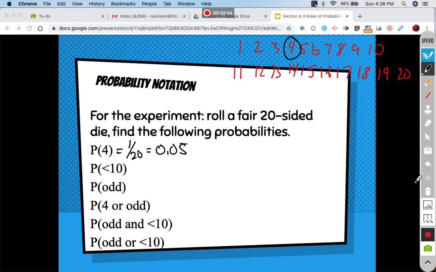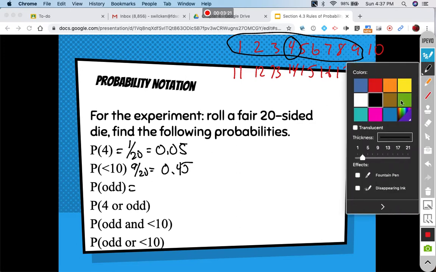Probability that I'm less than 10. It's not inclusive. I can't equal 10, so I have 9 numbers that are less than 10. So 9 out of 20 is 0.45. P odd.